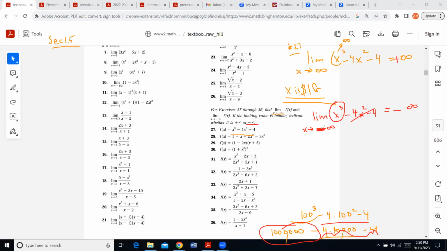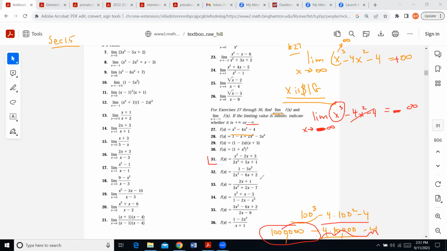So the negative sign is still going to stay when you raise it to the power of 3. So it looks like in the case of infinities, you just get infinity, but not always.